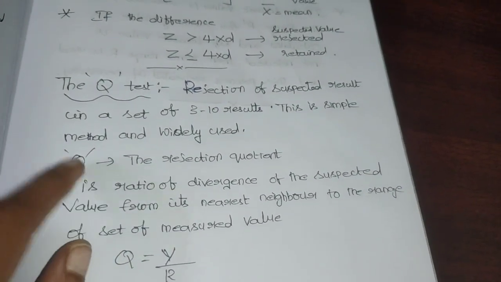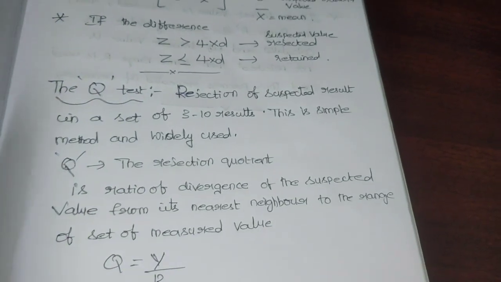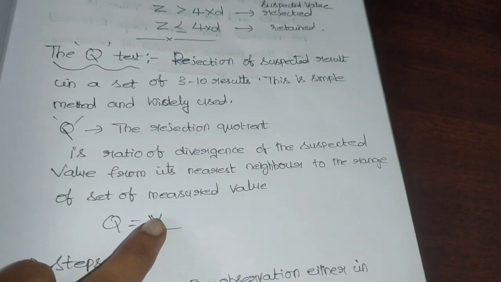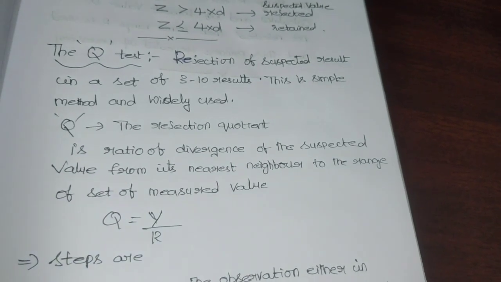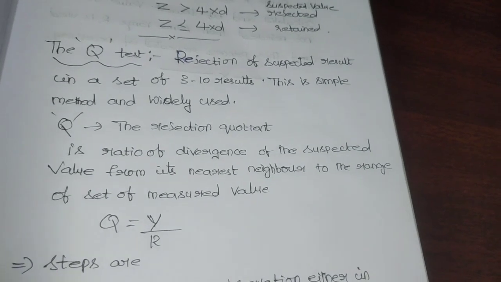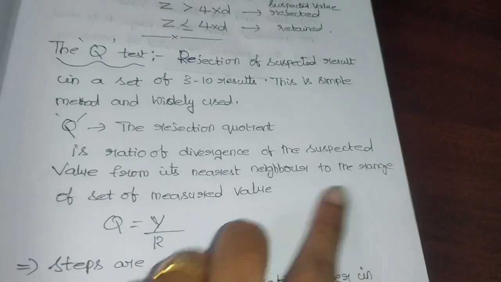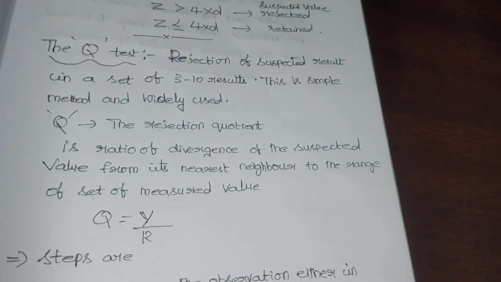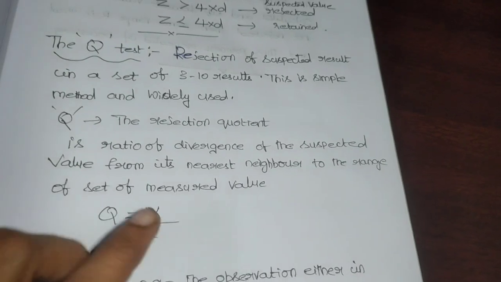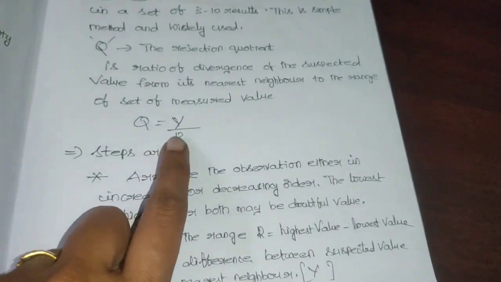It is the rejection coefficient, the ratio of the divergence of the suspected value from its nearest neighbor to the range of the set of measured values. So this is Q, the rejection quotient.